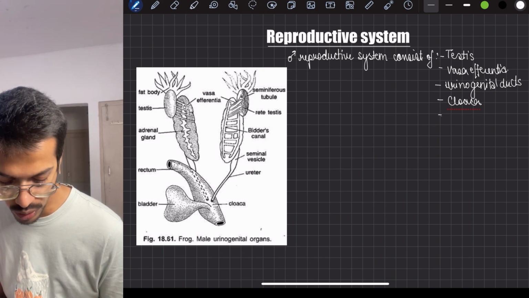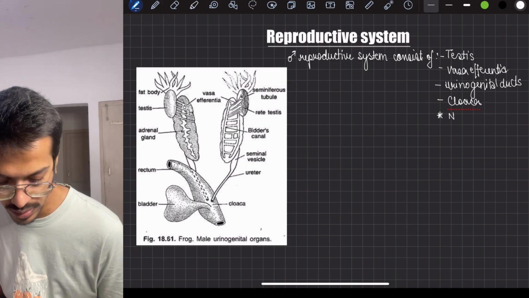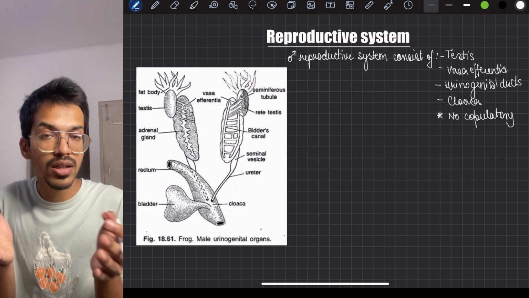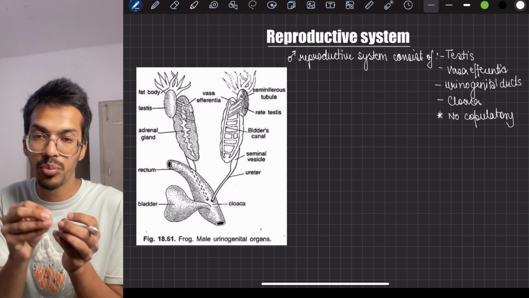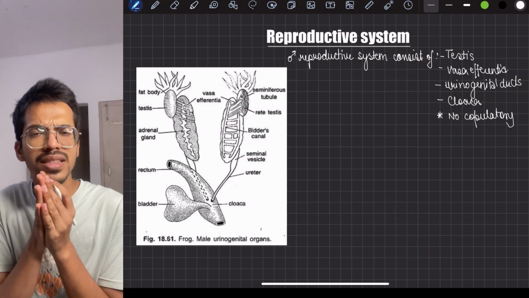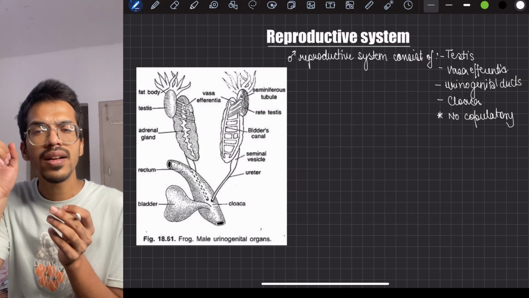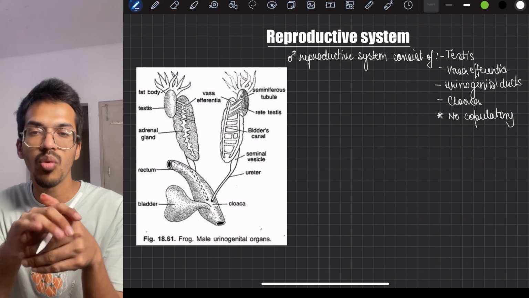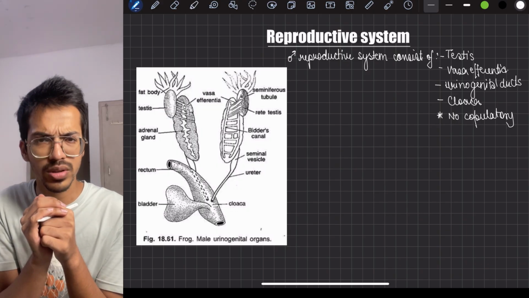Very important, no copulatory organs, because of how fertilization occurs. We know there is external fertilization in them. External fertilization means that the eggs will be released in the water, the sperm will be released in the water, and they will mix in the water. A high amount of both will be released.